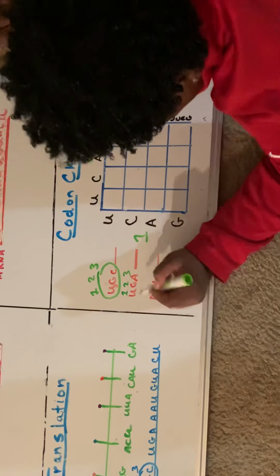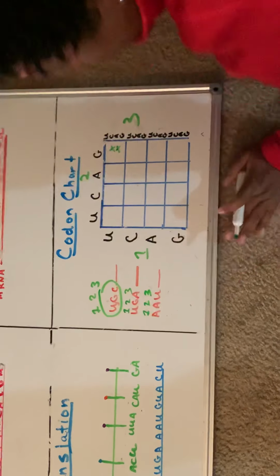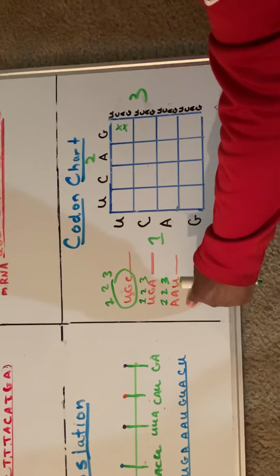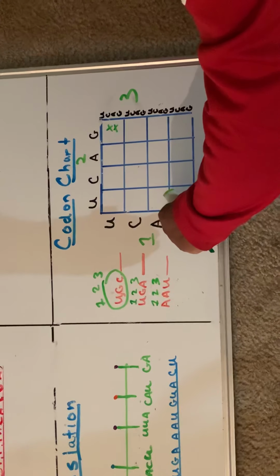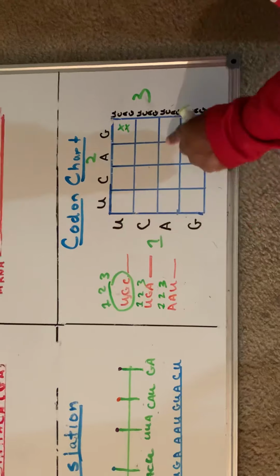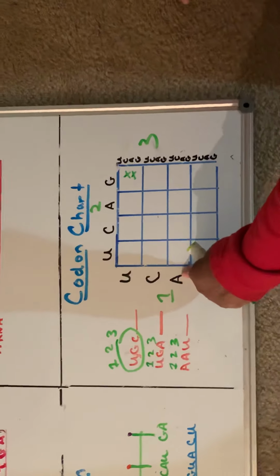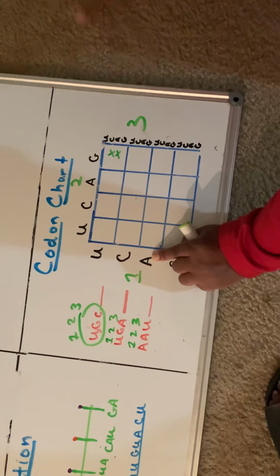Last one. We have 1, 2, 3 nitrogenous bases, and our very first one is A. So we go to side number 1 and we find A. So we know that our amino acid is on this row somewhere because our first nitrogenous base is A. Our next nitrogenous base is going to be A as well.